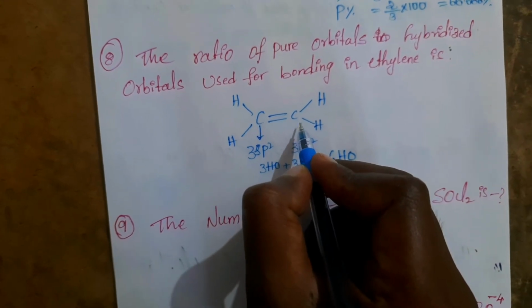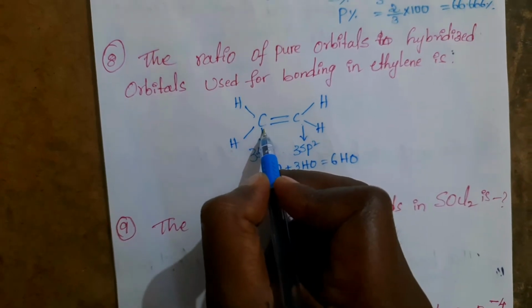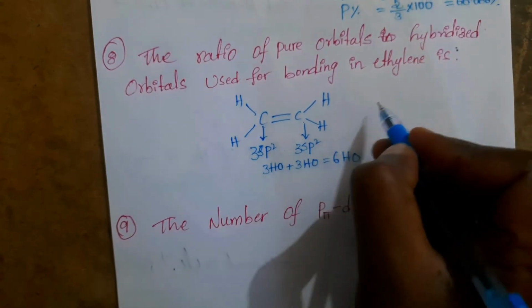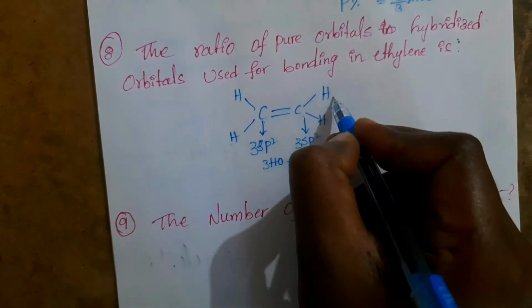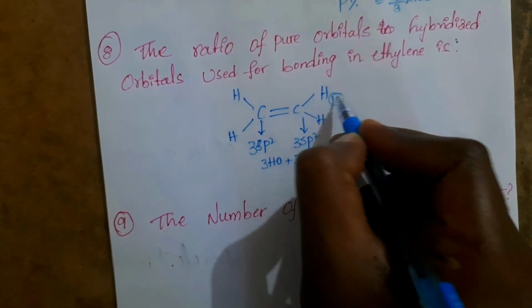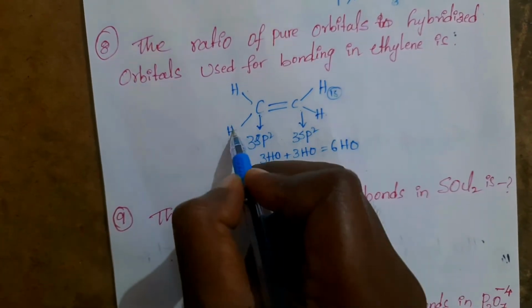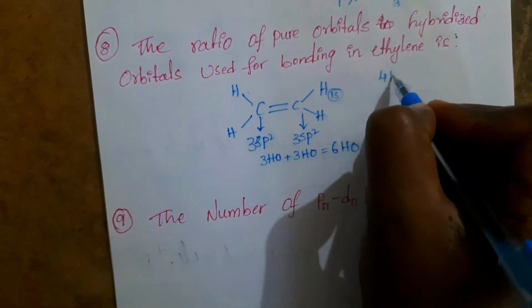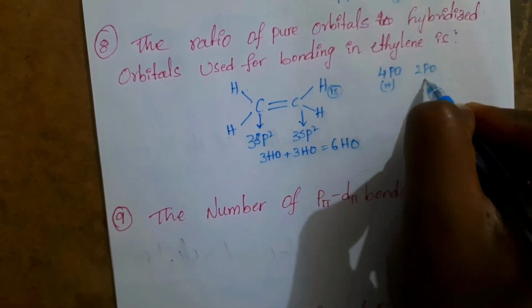That orbital is said to be what? Pure orbital. So here one pure orbital, here one pure orbital. Total of 2 pure orbitals are there. So here 2 carbons contain 2 pure orbitals. Each hydrogen containing 1s orbital also does not participate in hybridization. So here one, here one, here one, here one. Total of 4 pure orbitals from hydrogen atoms, 2 pure orbitals from carbon atoms.